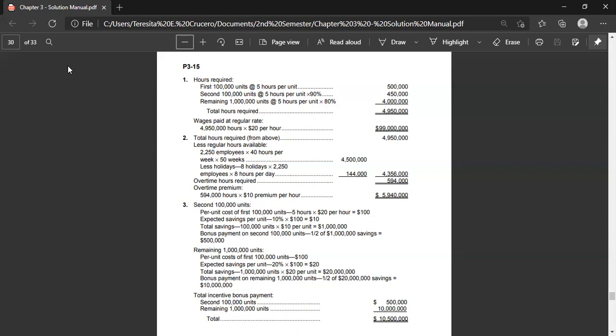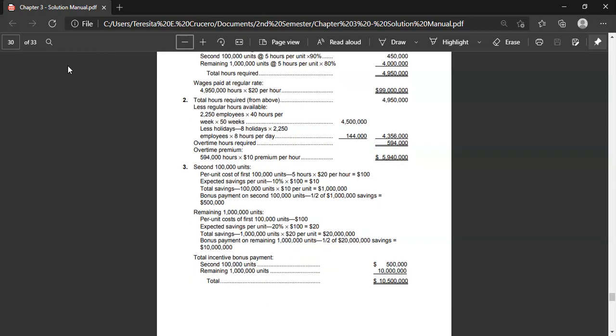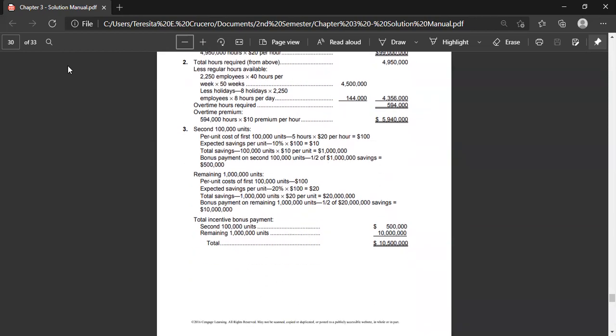Now requirement 3, incentive bonus payments. So we have now the second 100,000 units. Per unit cost of first 100,000 units, 5 hours times 20. So we have 100, then the expected savings per unit is 10% times 100 is equal to 10.